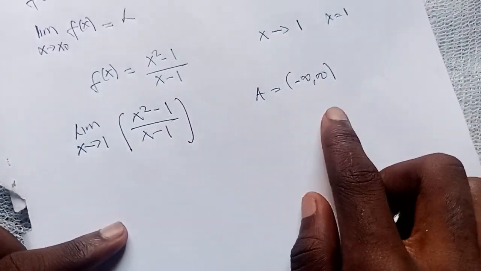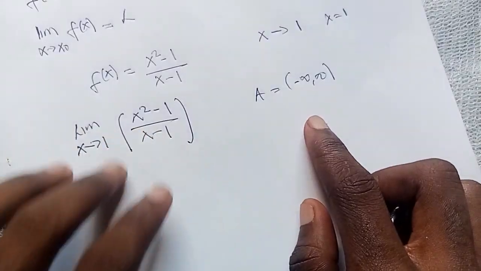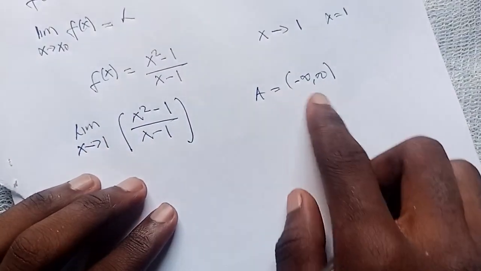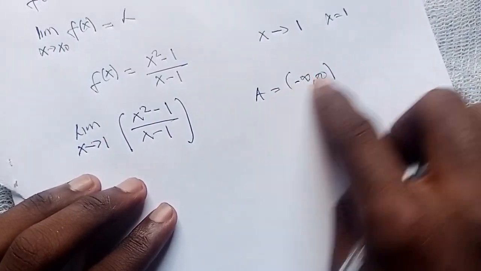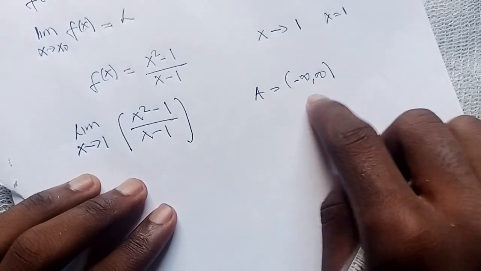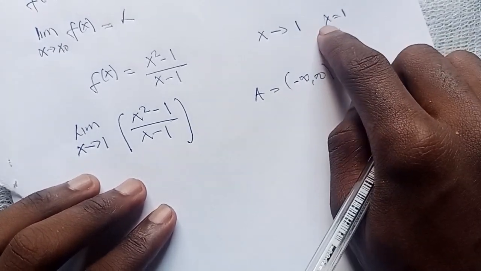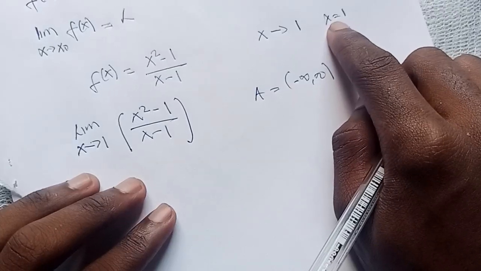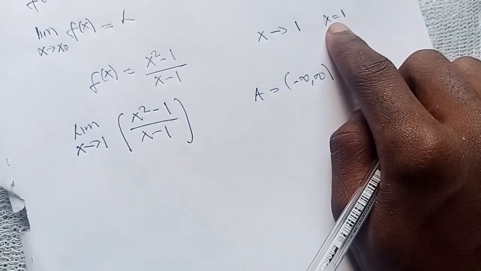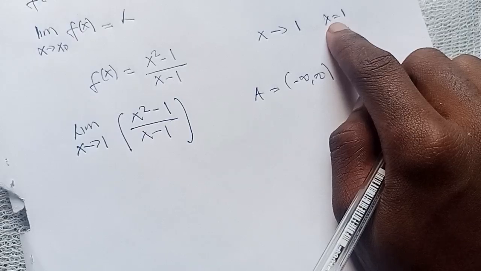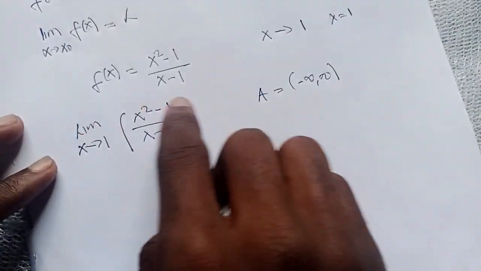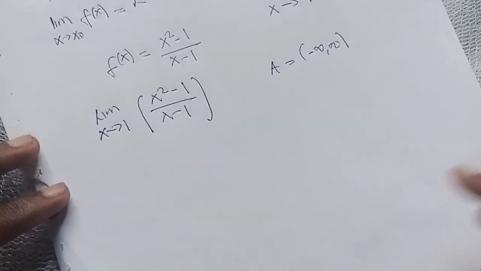In this open interval, you find that this function is defined for all the values in the interval, except at x equal to 1. That's what it means.